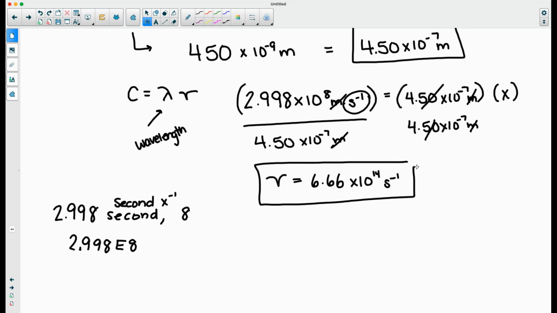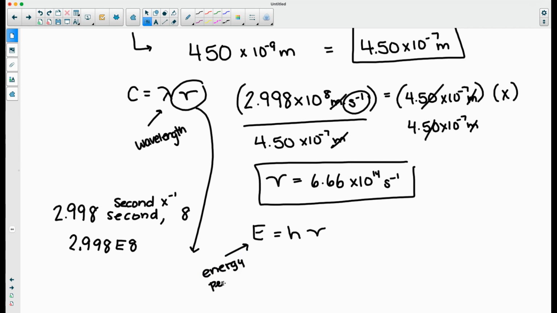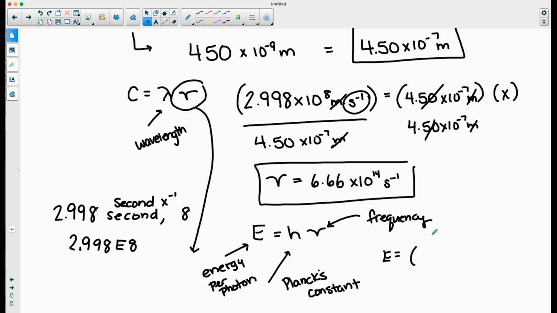Now I'm going to keep this unrounded value of my frequency, right? And I'm going to plug it into E equals h times nu, which is energy per photon, Planck's constant, and frequency. So basically, I'm going to take my frequency and multiply it by Planck's constant.